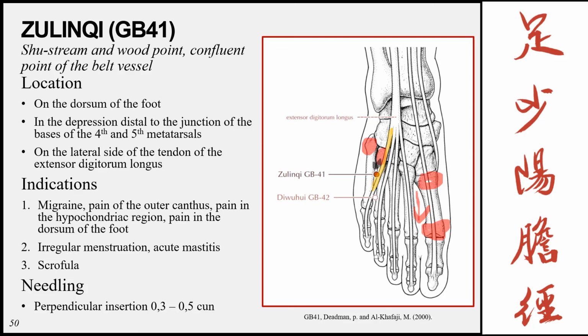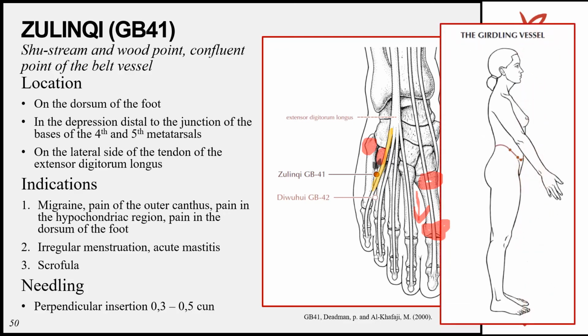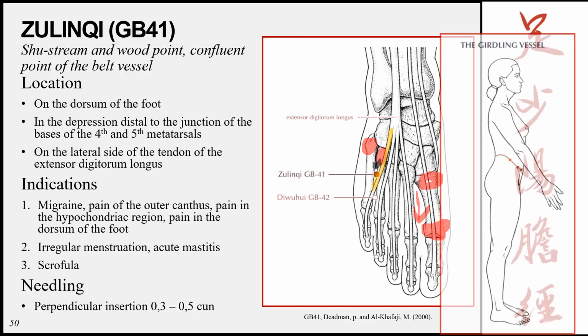Next, let's look at the indications. Because this point is a confluent point of the belt vessel, it can treat conditions along the pathway of the belt vessel. Let's bring in an image to show you where the belt vessel flows. As the name suggests, this point flows around the waist just as a belt would. The indications are, firstly, it can treat migraines, pain of the outer canthus, pain in the hypochondriac region, and pain of the dorsum of the foot.